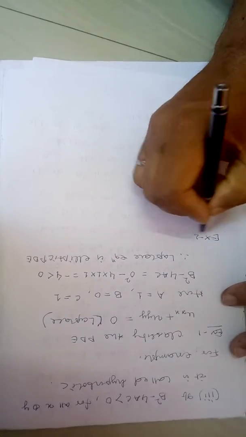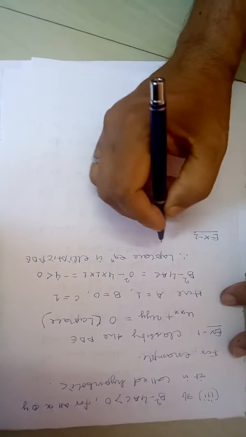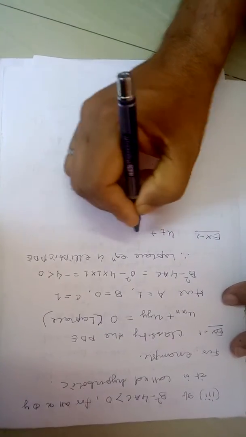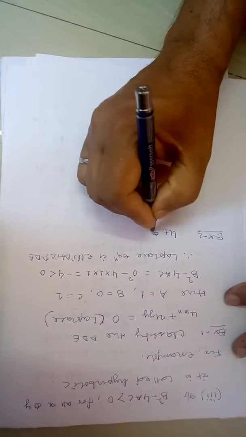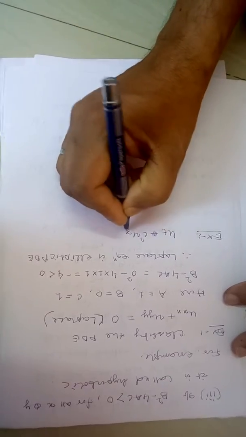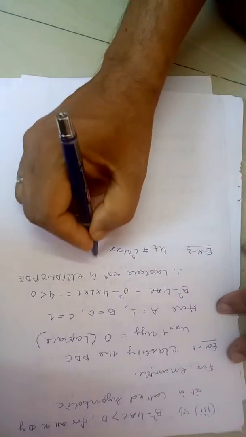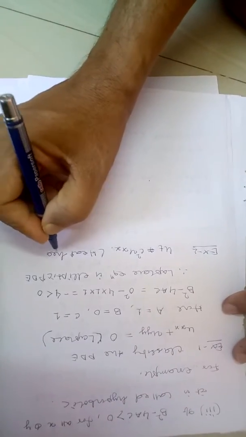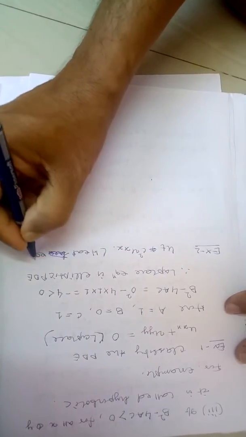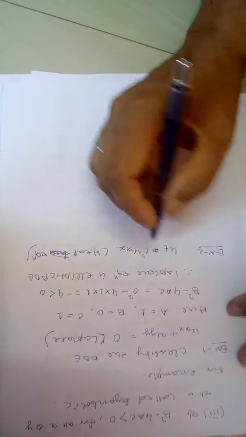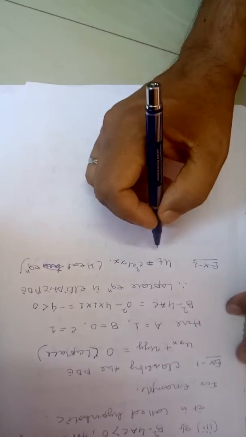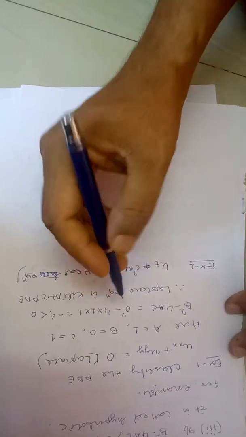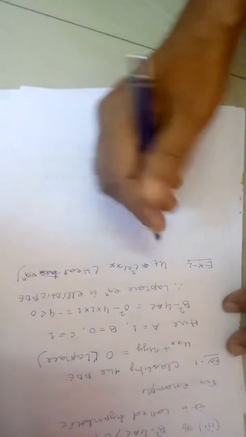Example 2. Let us classify the heat equation ut is equal to c square uxx, which is nothing but the heat equation. Now let us find out what the values of a, b and c are.